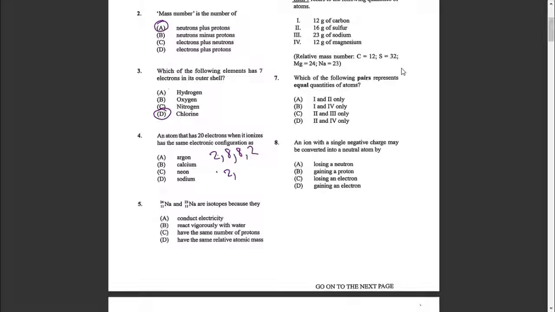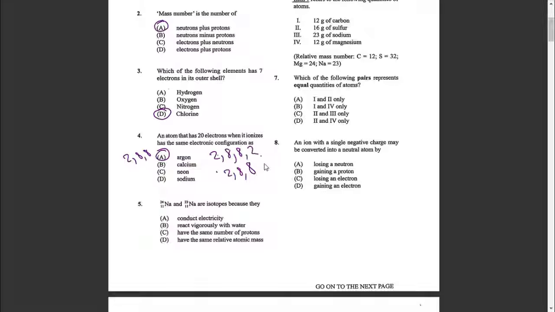Now 2, 8, 8 would be the ion. What would that represent? If 2 electrons were lost, that means it is resembling the electronic configuration of that of argon. Argon has the electronic configuration 2, 8, 8. So it is A.